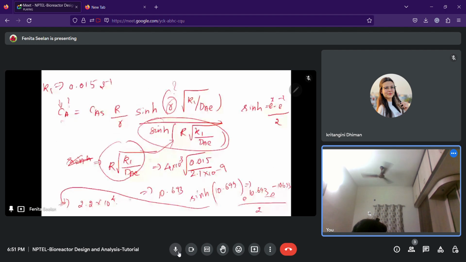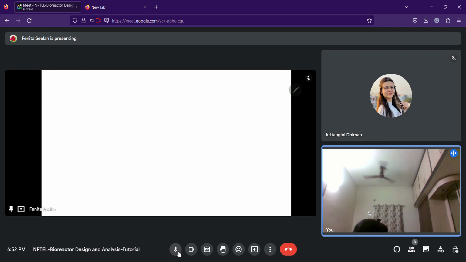So now this term you have found, right? These are all constants, and based on the R provided, you have to calculate this value, tabulate it, and then form a graph.